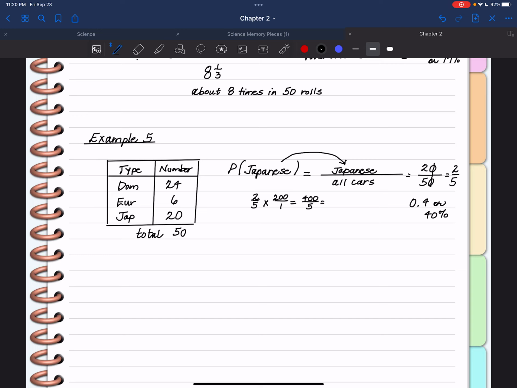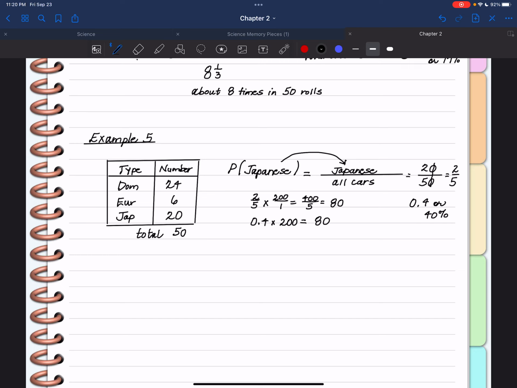And that's going to be 5 into 40 is 8, and then we have a 0. So I'm looking at 80. You could say 0.4 times 200 on your calculator, and you will get 80.